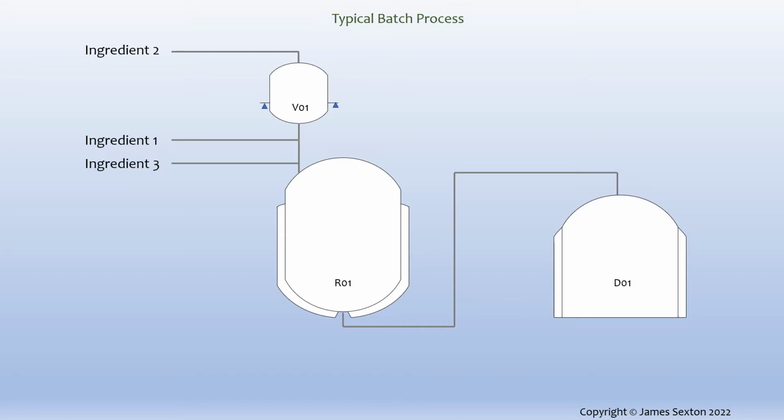Batch manufacturing is a type of manufacturing that is characteristically procedural. In industry, the processing is typically carried out in one or more vessels, ending up with a fixed amount of product after each procedure.